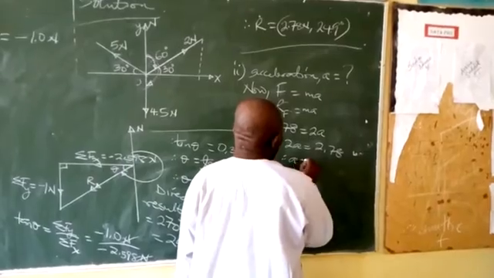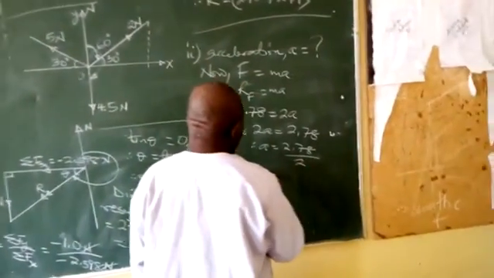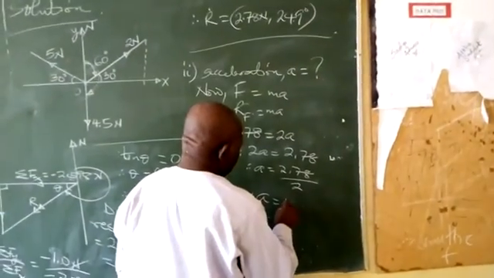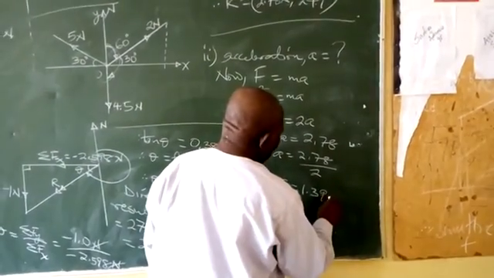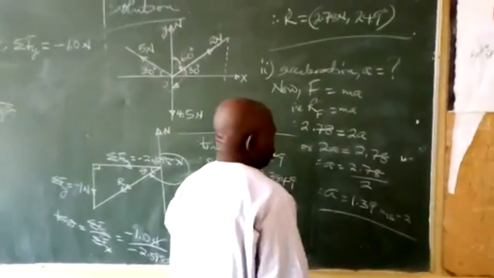Therefore, a equals 2.78 over 2, which is 1.39 meters per second squared.